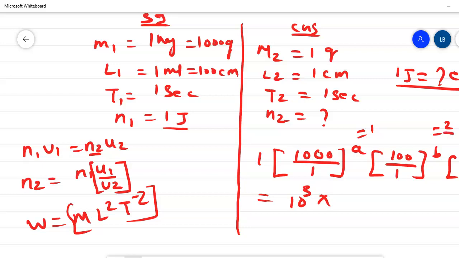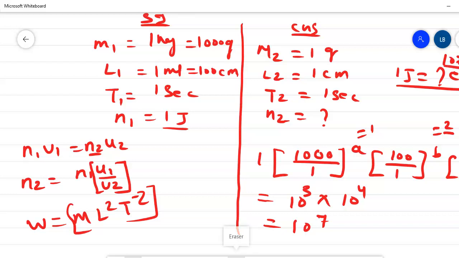Again 2 is there, so 10 to the power 4, and the last term is simply 1. So I write 10 to the power 7. So I got 1 joule equal to 10 to the power 7 erg. This is the way I have to solve.